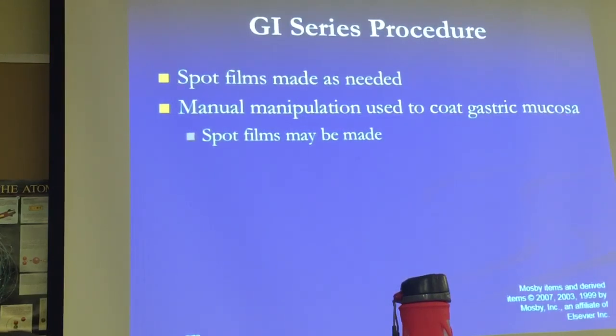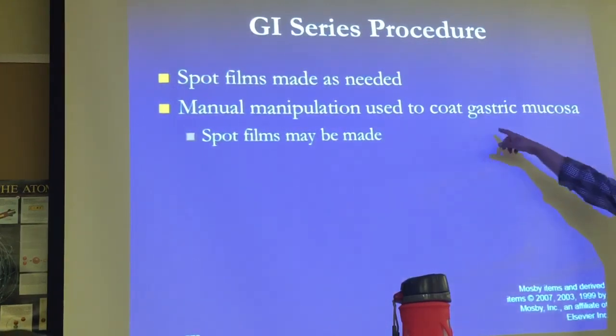They bring this paddle, which is radiolucent, and inflate the balloon. There is a little pump here, and they squeeze it to inflate the balloon, and then they press the paddle on the patient so they can help the barium move around. It also helps in spreading some of the tissue around it. So that's what I'm referring to as manual manipulation used to coat.